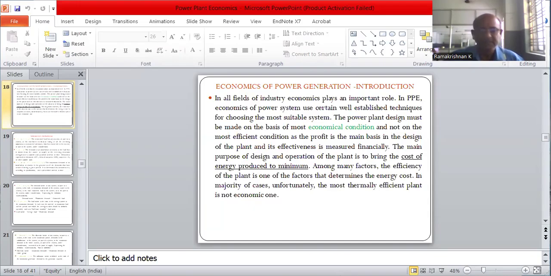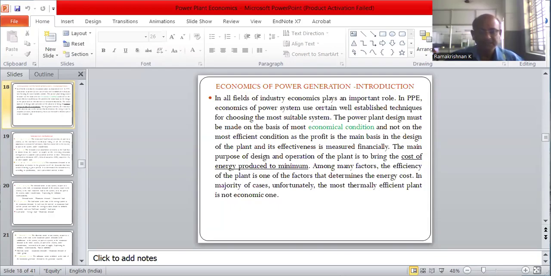So, for many years, there have been many techniques and technologies developed for economic power generation. The aim of the power plant design is ultimately based on the economical condition rather than on the efficient condition.